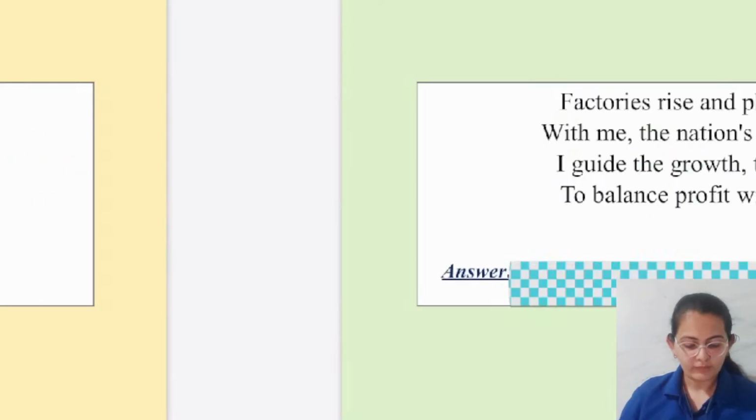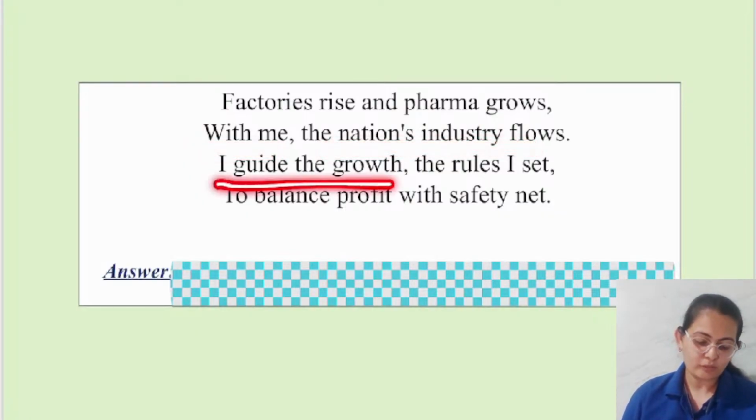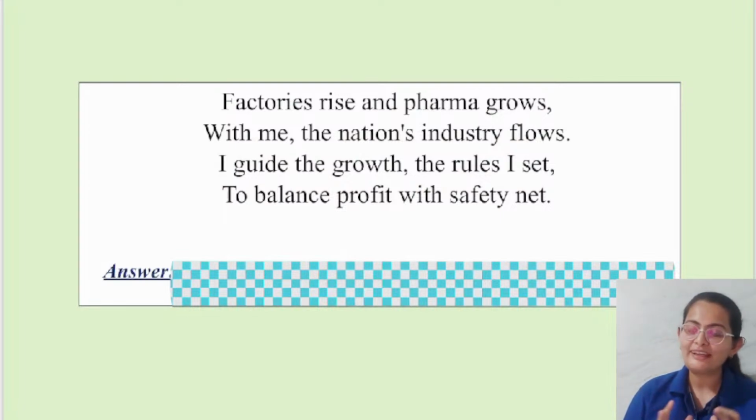Next says that, and I am sure you will not be able to decode it. I am telling you for sure. Factories rise and pharma grows. With me, the nation's industries flow. I guide the growth, the rules I set to balance profit with safety net. I will not give you so much time because it is very difficult to decode.